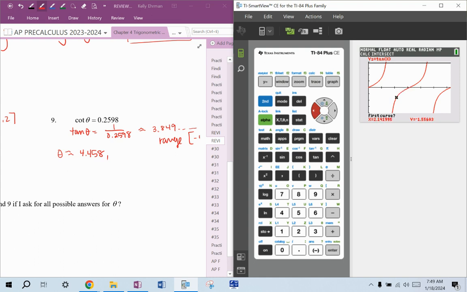Eventually, my cursor is going to disappear, but then eventually it'll hop up here. There's a vertical asymptote. And so it will eventually come back. There it is. So enter, enter, enter. 1.317. Both of those are answers in radians.